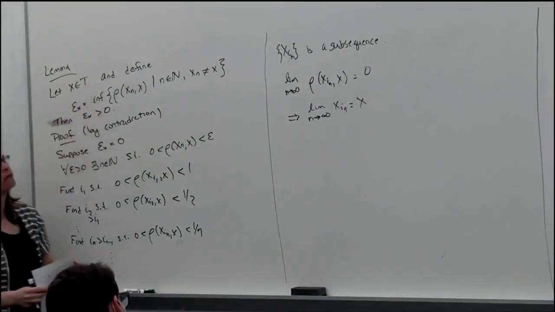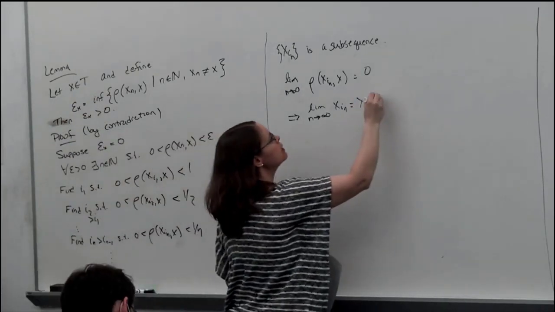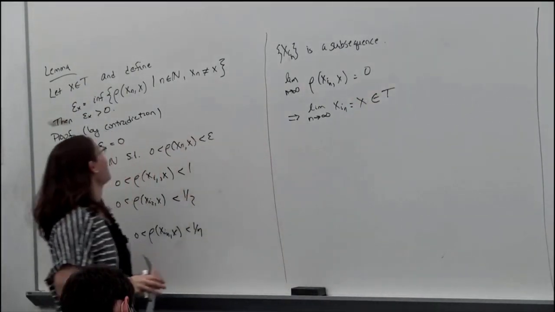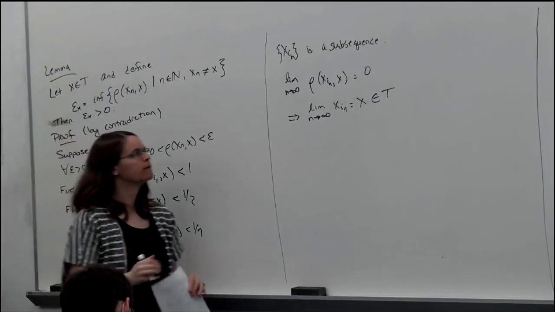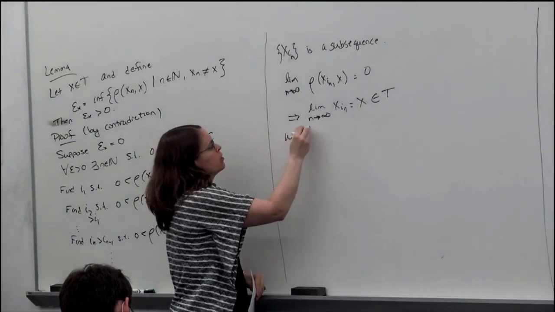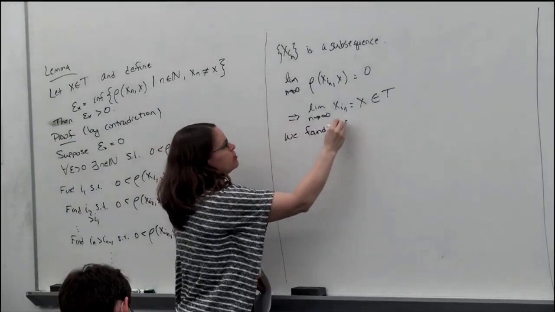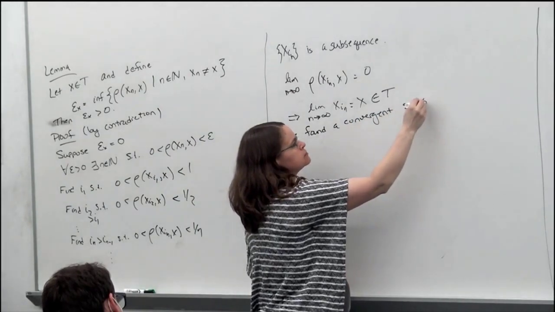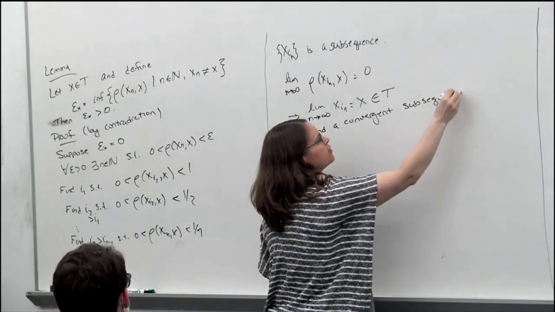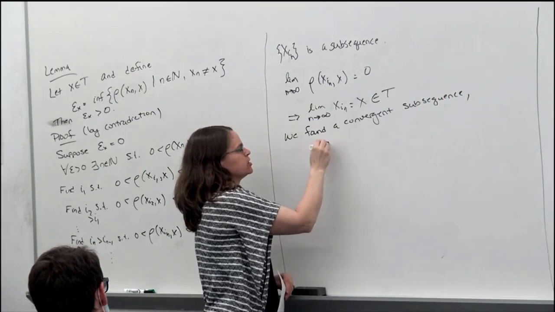And this is going to contradict the fact that we said there are no convergent subsequences. So we found a convergent subsequence, and this is a contradiction.